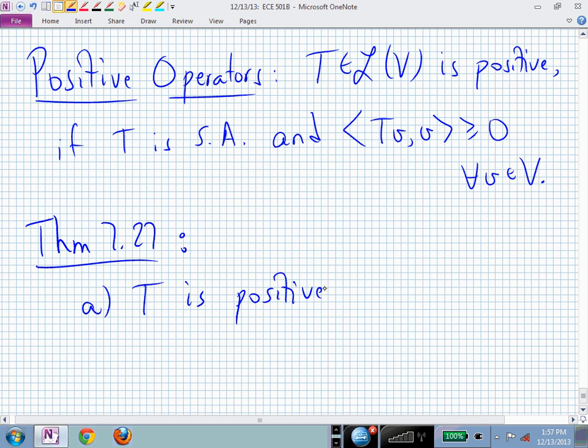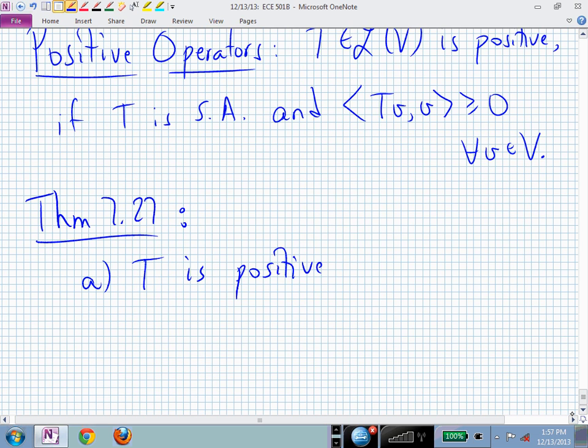coming to us from theorem 7.27. T is positive. And this is basically from the definition as far as T is self-adjoint. That's from the definition of a positive operator. But now we know that all of the eigenvalues of that linear operator are non-negative if it's a positive operator.